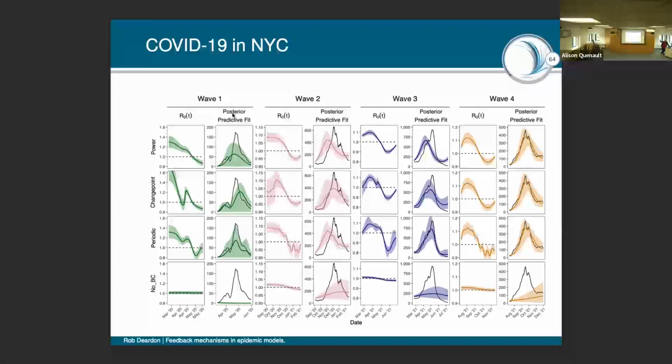essentially model fit. If we try to re-simulate the epidemic, how close are our epidemic curves to the true data? Here's my SIR doing a terrible job in wave 1. Here's my standard alarm function doing a much better job in wave 1.